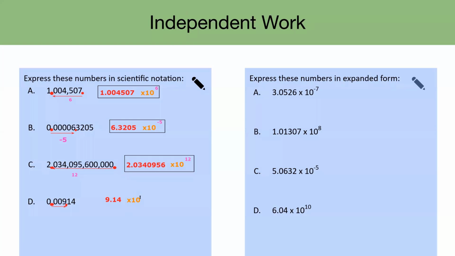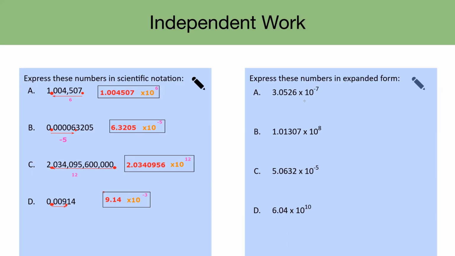So we are going to make sure that we properly display that. We moved it to the right, so it is going to be a -3. This is what 9.14 is as our scientific notation. So all these now are done in scientific notation appropriately.